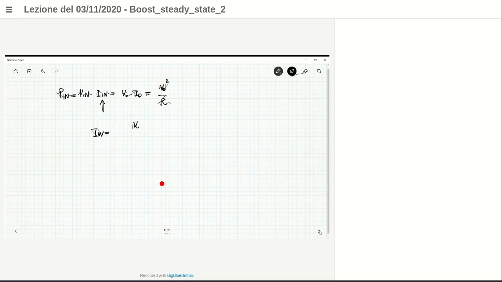I in is V naught square over V in multiplied by R.